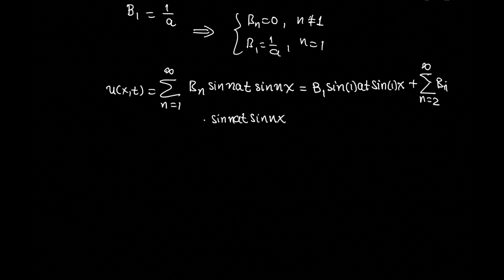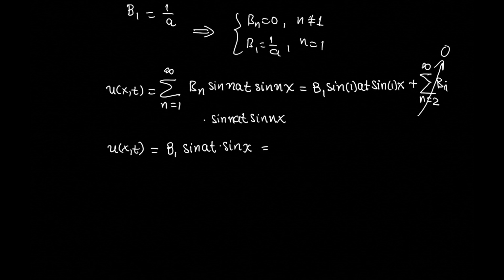So I just developed when n equal to 1 plus the summation of the rest. But the point is, when n is different than 1, every bn just becomes 0. So everything gets cancelled. So you are just left with u(x,t), which is equal to b1 sine at times sine x.